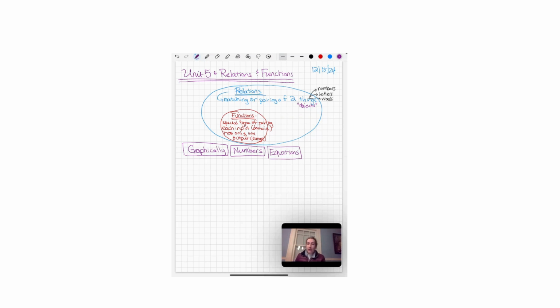That's why we give you guys word problems. I'm going to call the words category verbal. And just like we always do, we're going to look at functions and relations using graphs and numbers and equations and verbally with some word problems. So that's our goal for today.